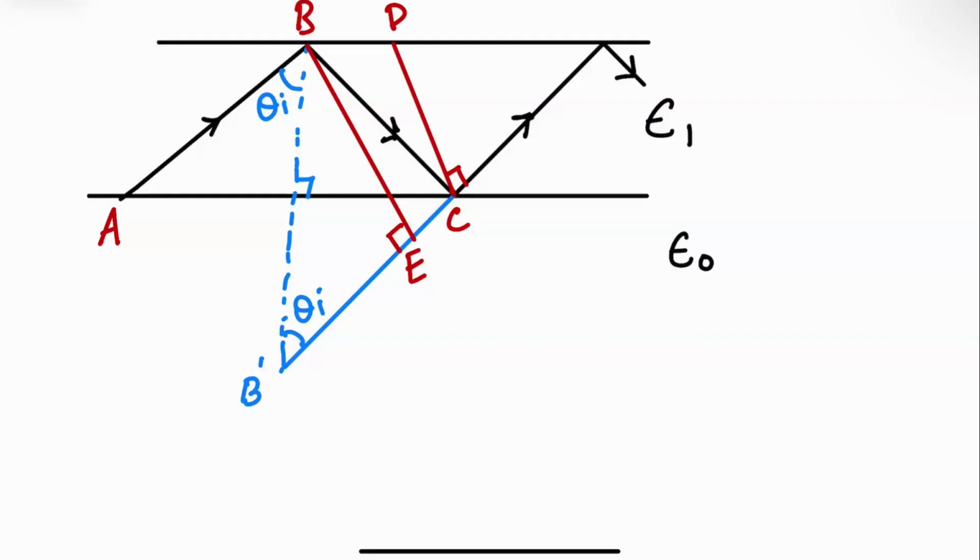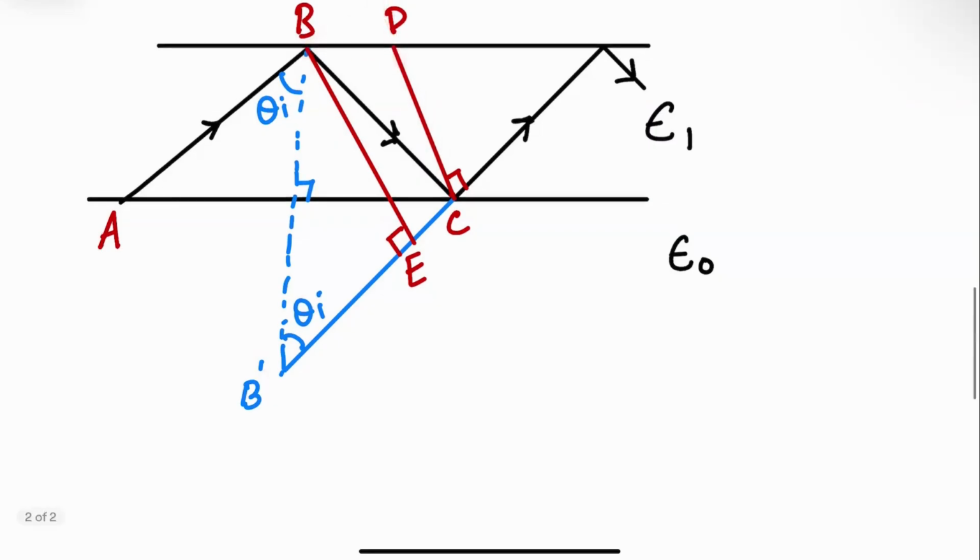So what does that mean? That means that when this wavefront went from this location to this location, it picked up some phase in that direction. So this phase over this region must be the same phase in the ray picture that I got from this point to this point.